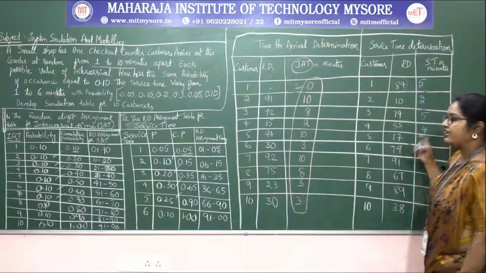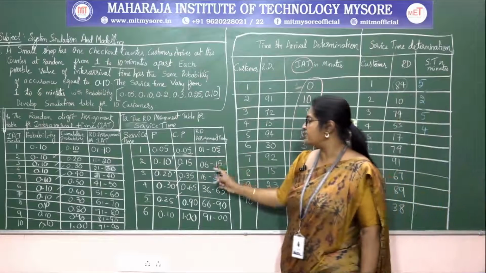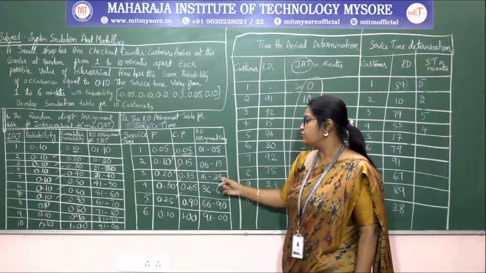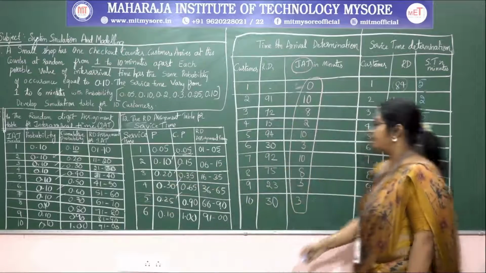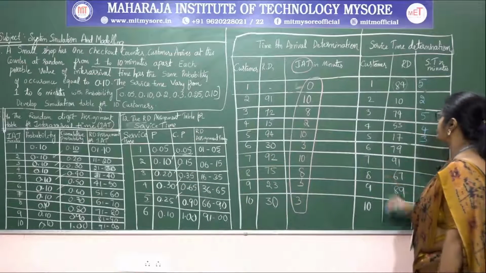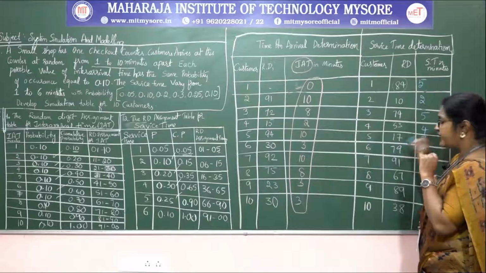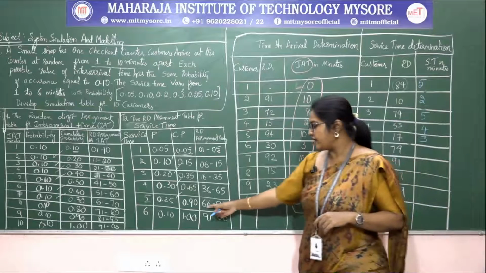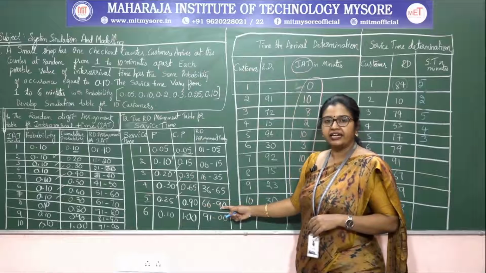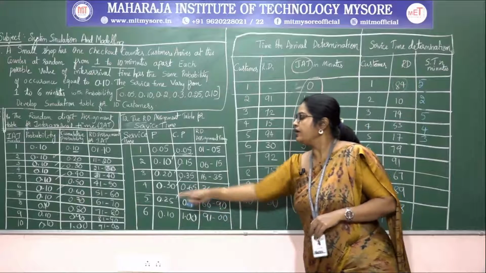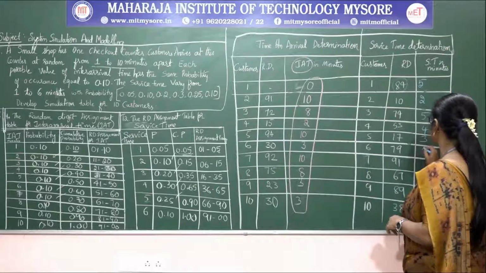Next, 17 comes under this 16 to 35, that is nothing but 3 minutes. The equivalent time is 3. Next, the sixth one is 79. 79 comes between the 66 to 90 range, right? So therefore the equivalent time is 5 minutes.